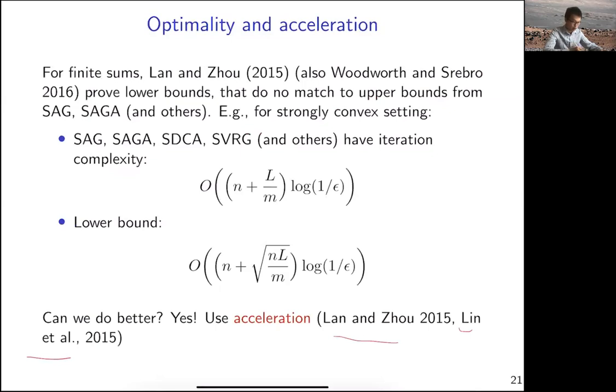You are able to get the square root dependence on L over M, but provided that you introduce another factor of N. And this term cannot really be improved. Okay, so this is a lower bound that applies to any methods, and there are methods that achieve this iteration complexity lower bound for the finite sum problem.